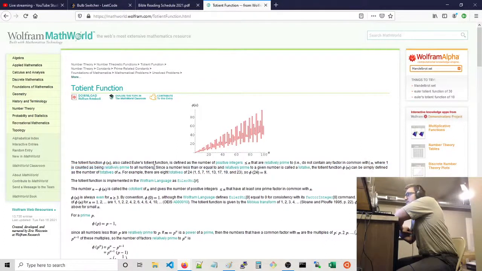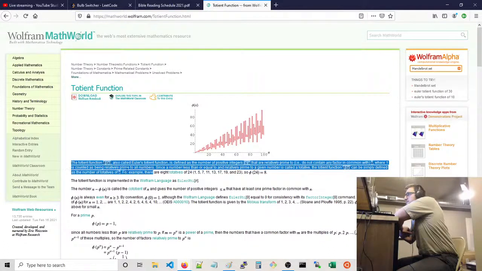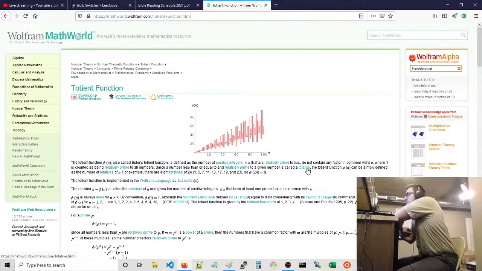One is counted as being relatively prime to all numbers. A number less than or equal to and relatively prime to a given number is called a totative. So the number of totatives of 24 is 8, and the totient is 8.